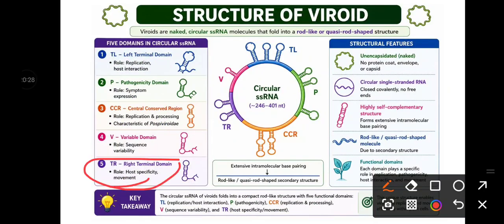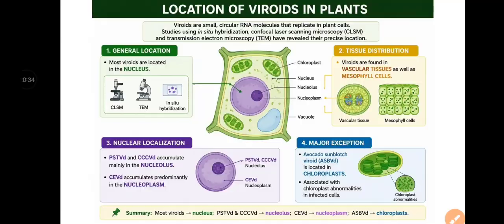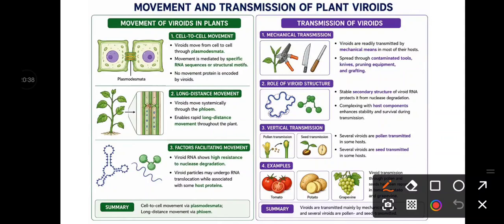This region of the viroid is also helpful for the movement of plant viroid. Apart from this, some host proteins are also helpful for its movement. But unlike viruses, it does not contain any type of movement protein.